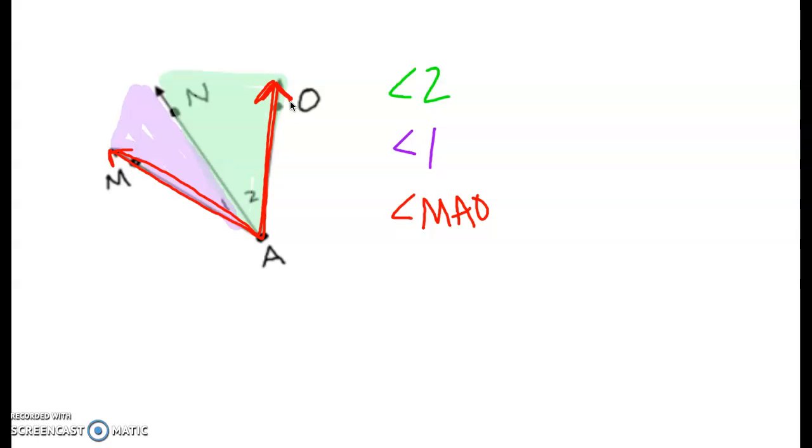Or you could have written OAM. Either one of those ways would have been acceptable. Again, I can't use a number because there's more than one in between there. And just using the vertex, labeling it angle A, is misleading because there are actually 3 angles with that same vertex. So here we would need to use the 3 letters in order to label it correctly.